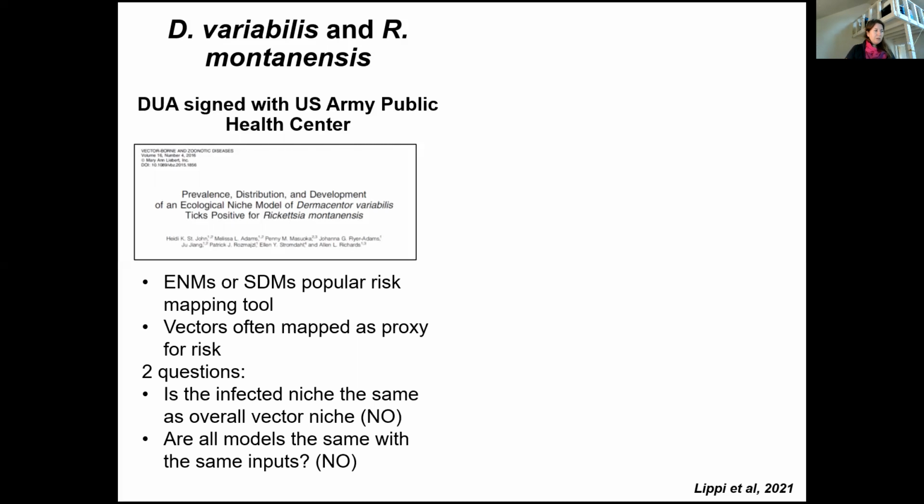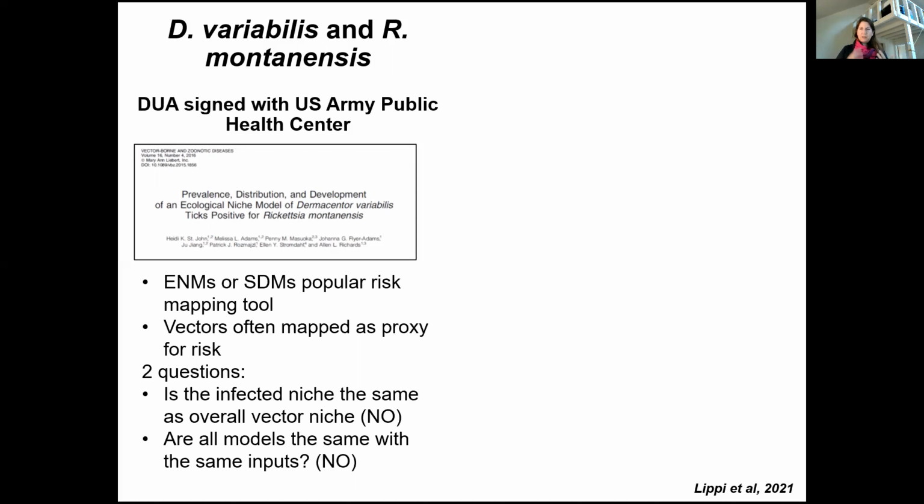So to ask this question: if we use the vectors, the ticks themselves, as a proxy for risk on the landscape by creating one of these niche models, is the infected niche the same as the overall vector niche? Is your risk of contracting the disease the same if you encounter the vector on the landscape as if you encounter an infected vector?